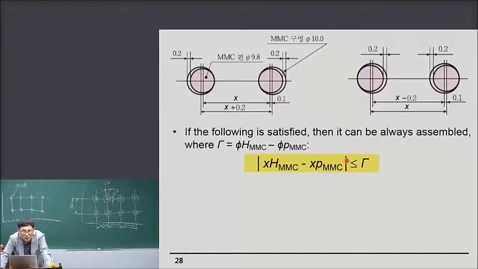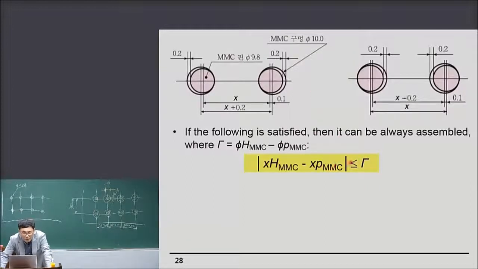For example, since the MMC hole is 10.0 and the MMC pin is 9.8, gamma here is 0.2 millimeter. The difference between the diameter of the MMC hole and the diameter of the MMC pin is 0.2 millimeter, right? 10.0 minus 9.8 is 0.2. That gamma is here 0.2.